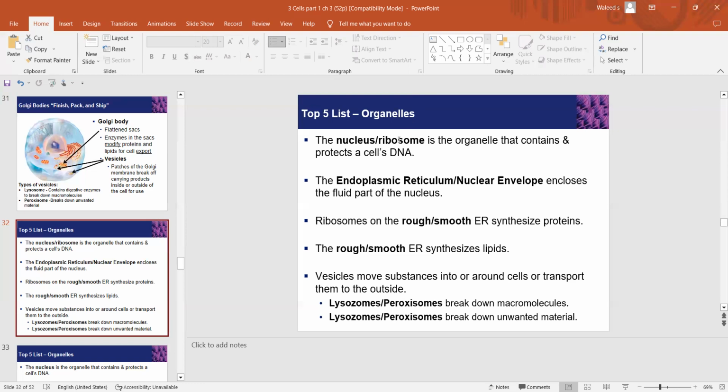We have nucleus, we have ribosomes, but which one of them makes or contains the DNA? Which one of those is the organelle that contains the DNA? Nucleus or ribosomes? What do you guys think? Ribosomes as the one that contains the DNA?